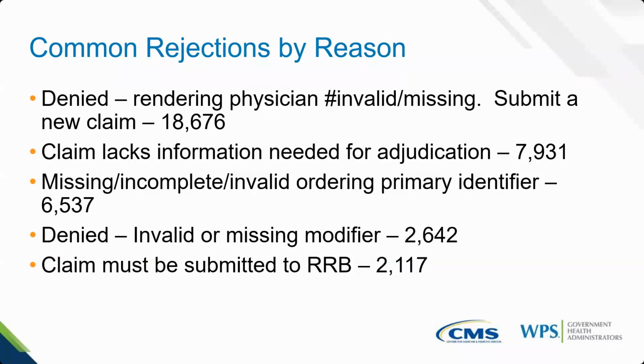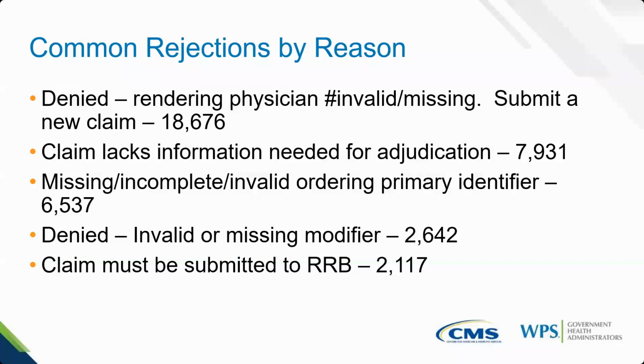These are those reason codes that print out on the remittance advice, those that I said may be a little cryptic or might have an outdated acronym in them. Those numbers that you see here on this slide represent the number of rejections for that particular reason.